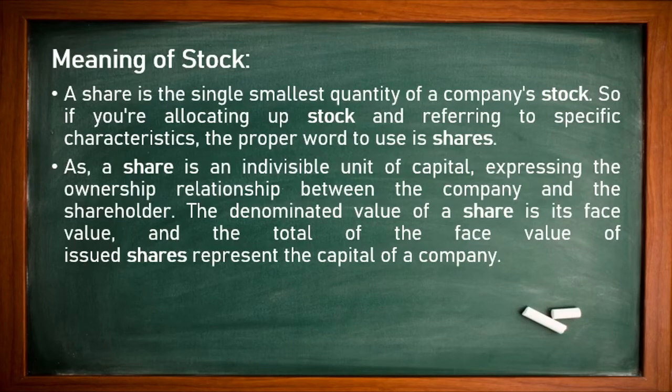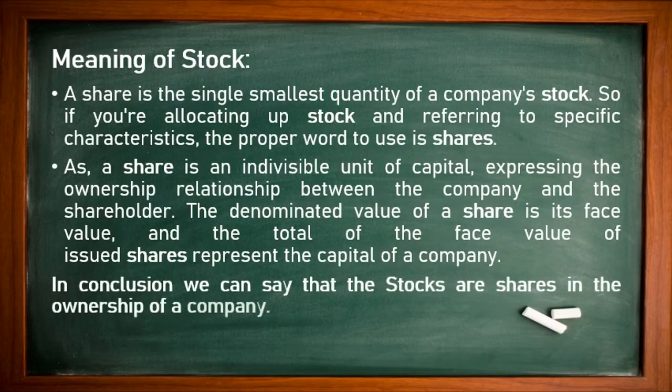Bond securities we already discussed in the previous video. If you have any doubt, please go through that video. You will get all the information in a broad way. In conclusion, we can say that stocks are shares in the ownership of a company.